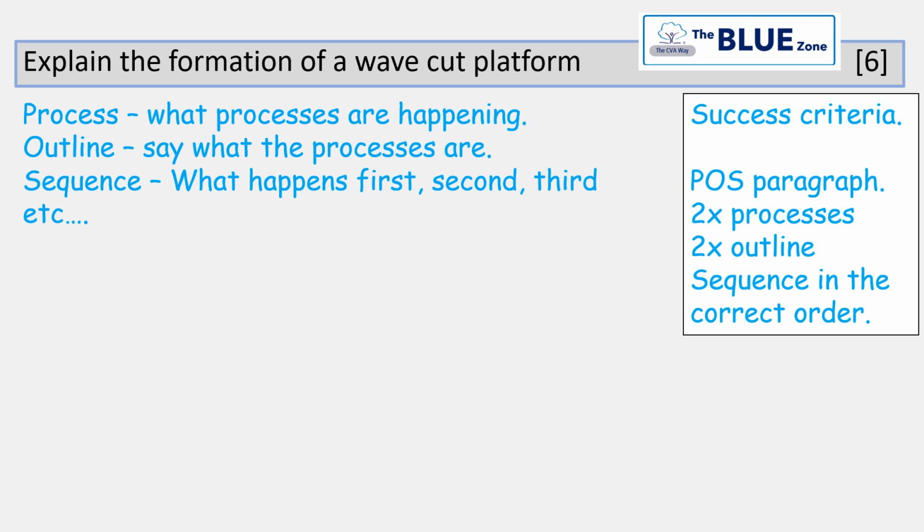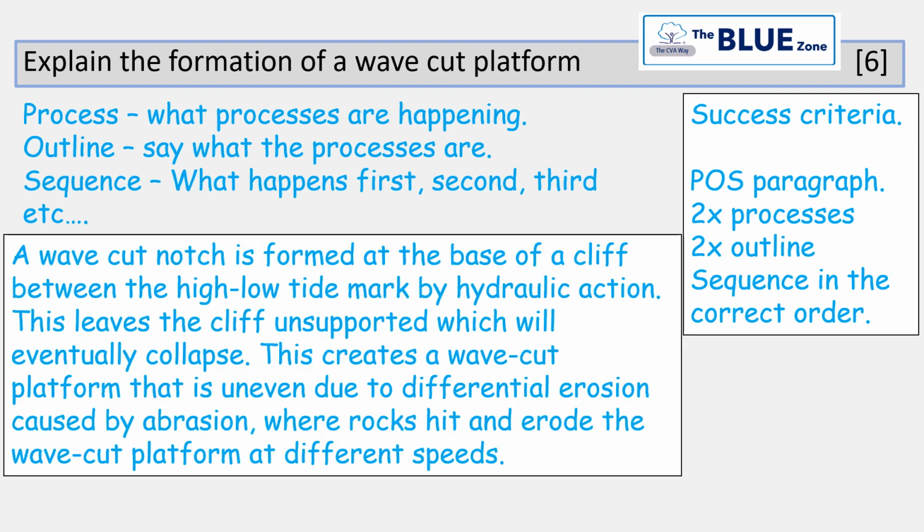So, here is a model paragraph I've done, but mine's not perfect. So let's have a look. A wave cut notch is formed at the base of a cliff between the high and low tide mark by hydraulic action. That is a process. However, I've not said what hydraulic action is.